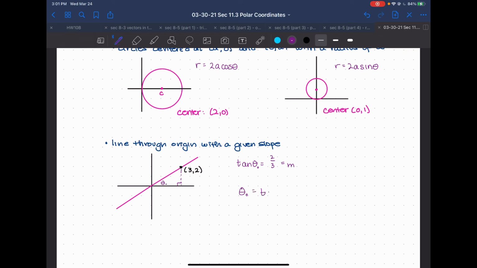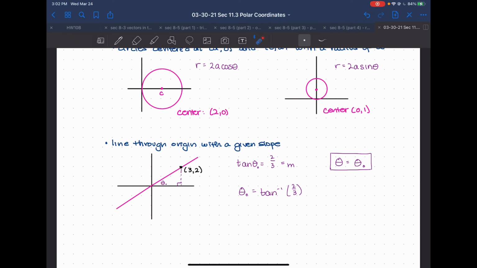and say it's tan inverse of 2/3, and so theta equals that. This is going to be the line. Any point that is on this ray, and you may be going, well, that only covers half of it.